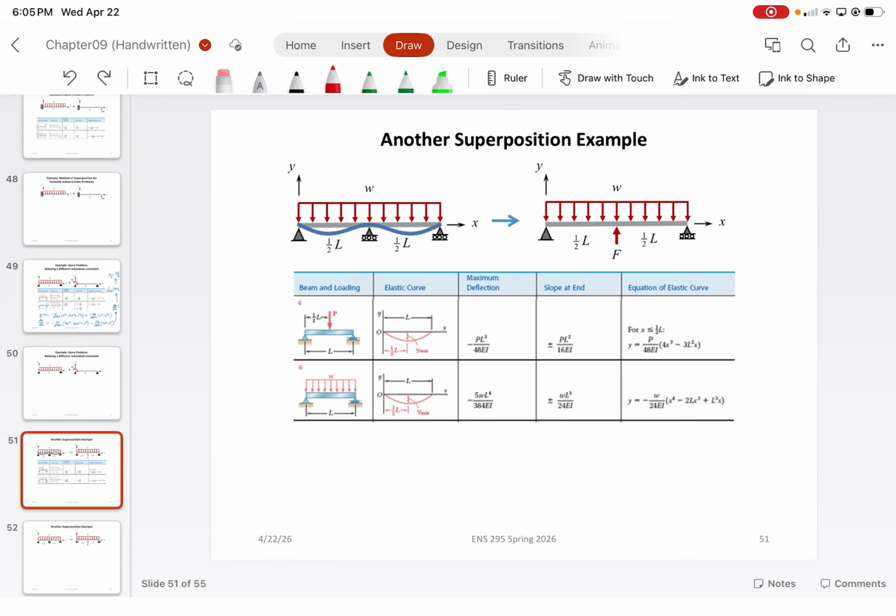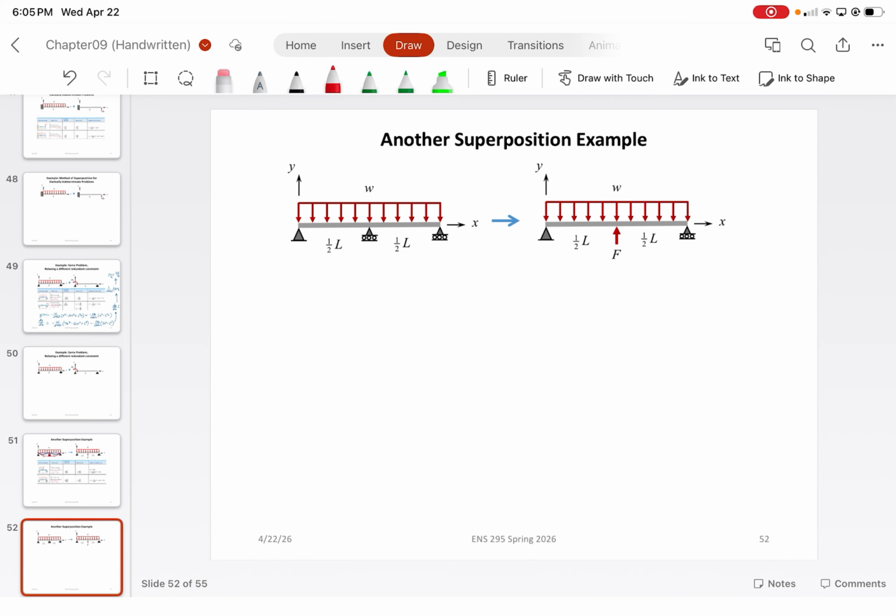That's our redundant force. We're solving for F. All right. So the first step is to consider the magnitude of the deflection of the distributed load, which would just be that magnitude W, right? So this is entirely ignoring the redundant reaction force.